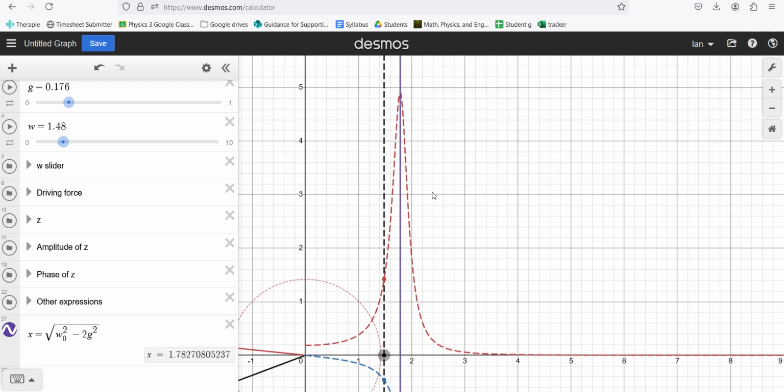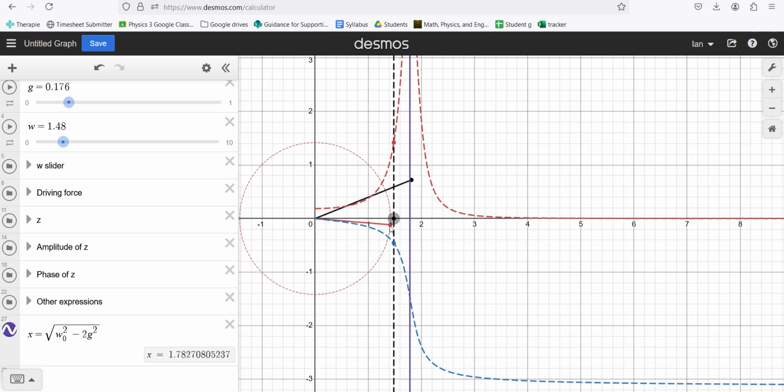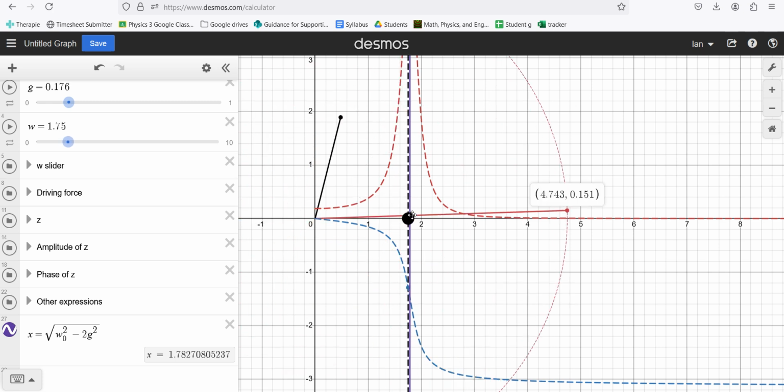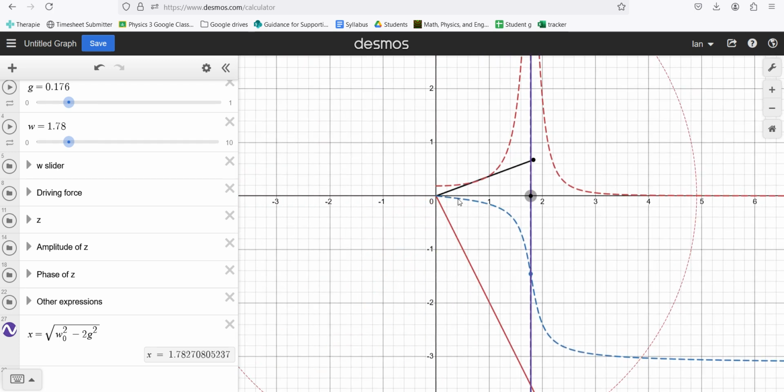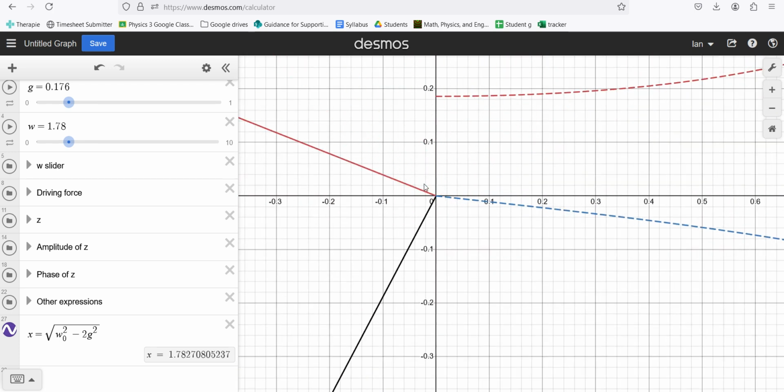And this is the resonant peak. If we put omega to be right there, then you can kind of see it. The angle isn't really 90 degrees. It's a little bit less.